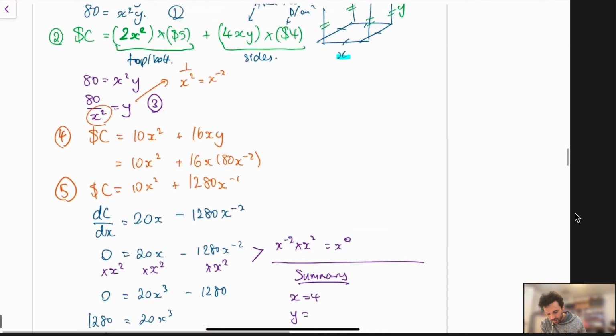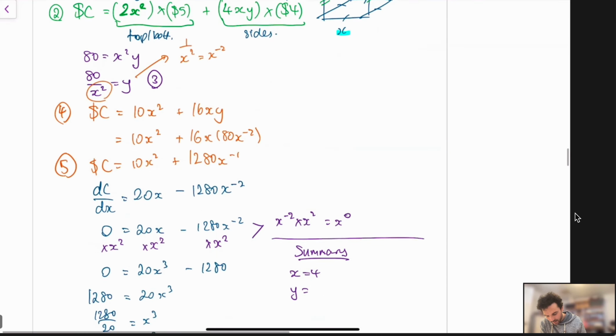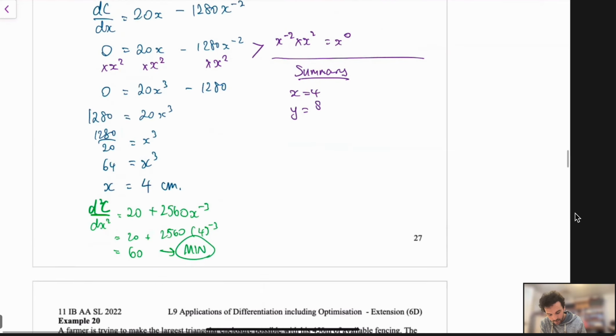We sub into our equation up, where is it? Equation 3, 80 on x squared is equal to y. So y is going to be equal to 5 centimeters.